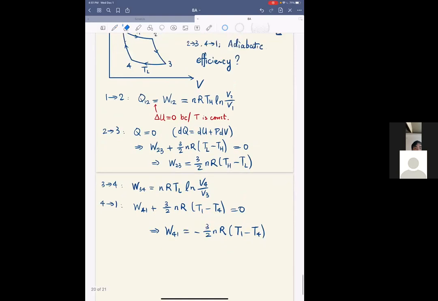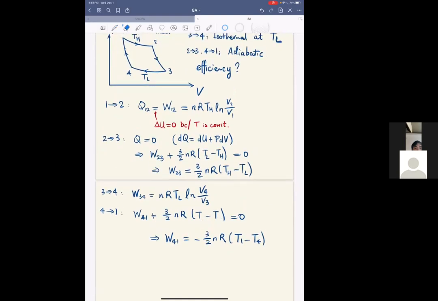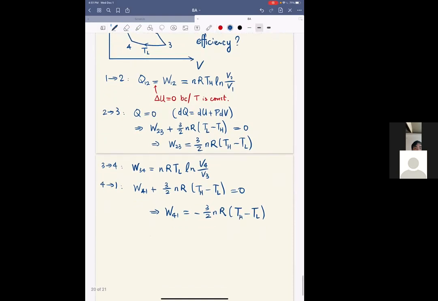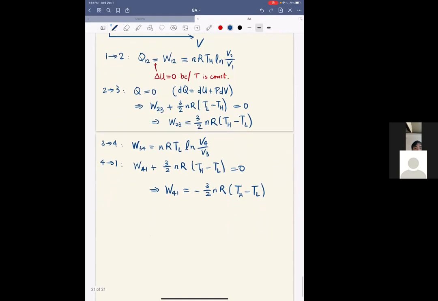And we know T1 is TH, T4 is TL by definition. So we get 3/2 nR times (TH minus TL). So here it is. And then the work done is just the sum over those works.